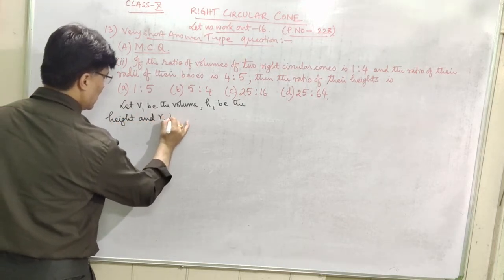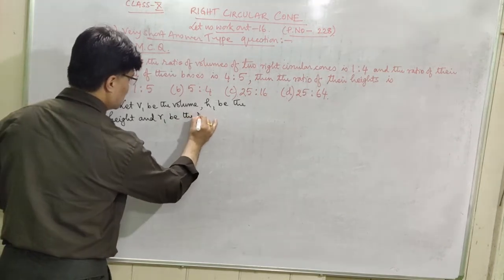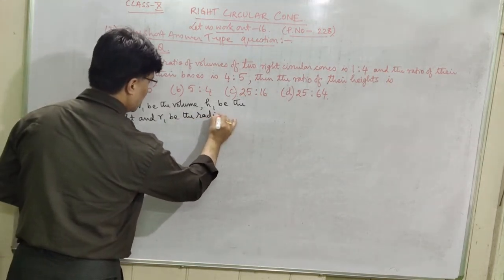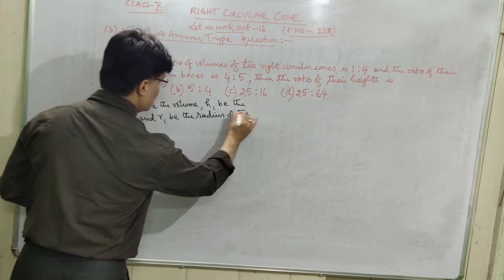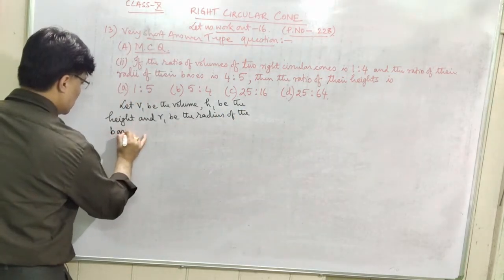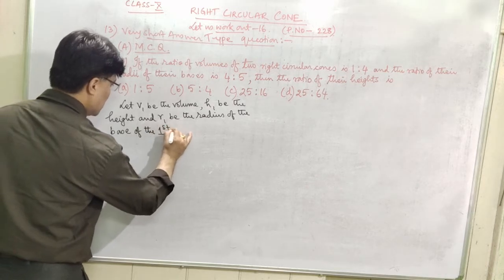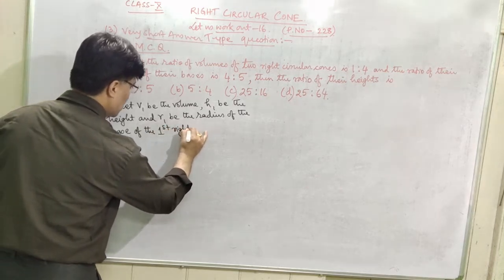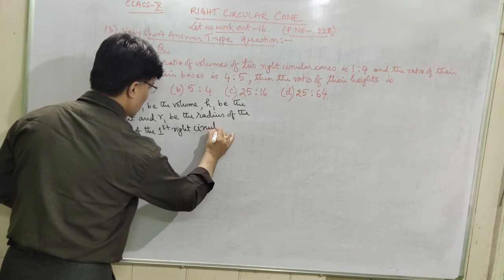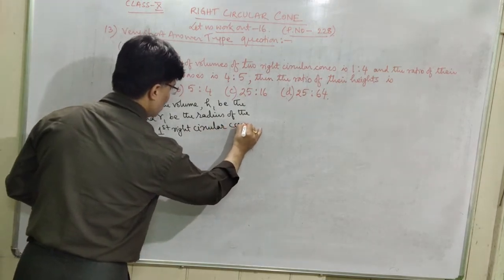and R1 be the radius of the base, radius of the base of the first right circular cone.